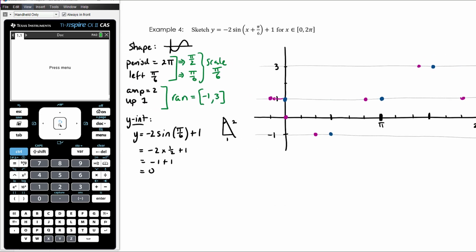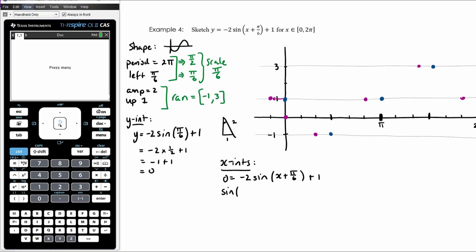Okay, let's calculate our x-intercepts. Just do that a bit over here. So let's make y equals 0. So negative 2 times sine of x plus pi on 6, plus 1. Okay, let's get the sine on its own. So let's take away 1 and divide by negative 2.